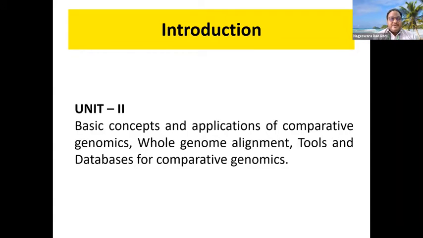The first thing we want to do is compare the genomes which are already available online. The whole summary of unit 2 is to compare genomes which are already available, and that area is known as comparative genomics. So this is an introduction of unit 2.